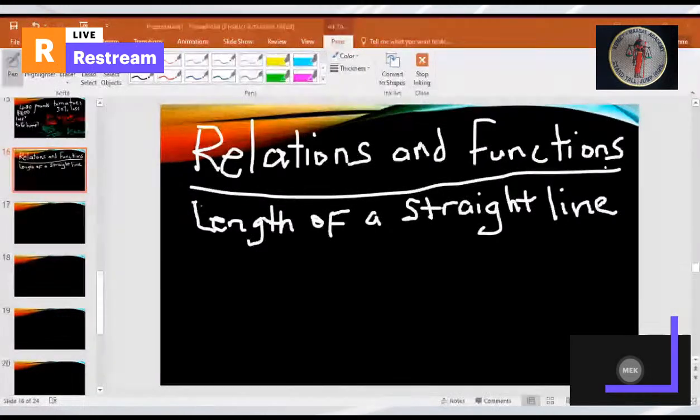We're going to look at how to calculate the gradient given 2 points. We're going to look at the equation of a line and how to interpret the information given the equation of a line. And then we're going to look at parallel and perpendicular lines and what they say about the gradient of those lines, and what information we can actually get from them.